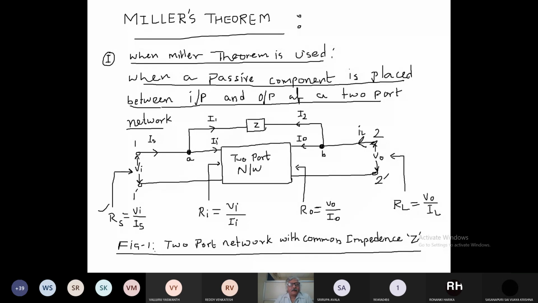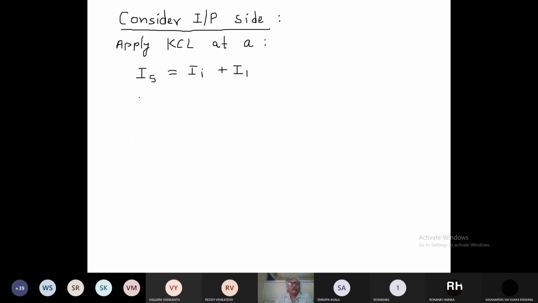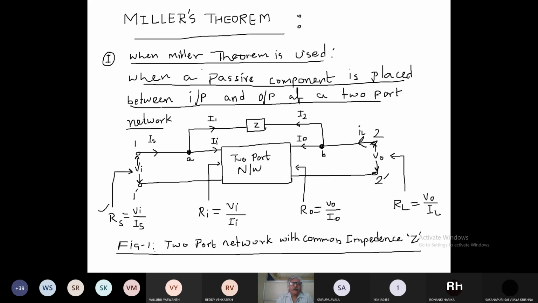Now from this section you can write the expression for Is. It will be Vi by Rs. Then for Ii, looking at the figure again, the resistance Ri is equal to Vi by Ii.